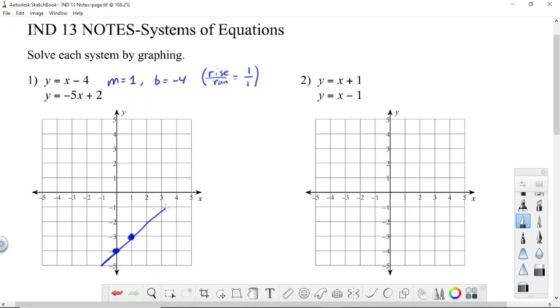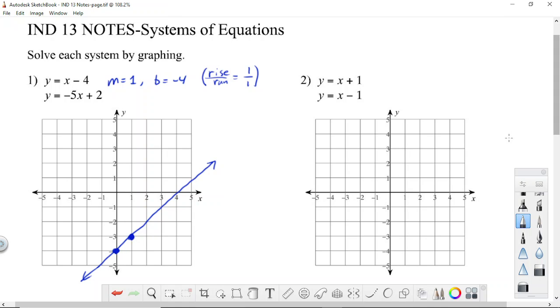Obviously, getting the right solution depends on graphing it really well. And I'm not going to try to be perfect, although it looks like I'm trying to be perfect. But the better we can get it, the better it'll turn out. So go about like that.